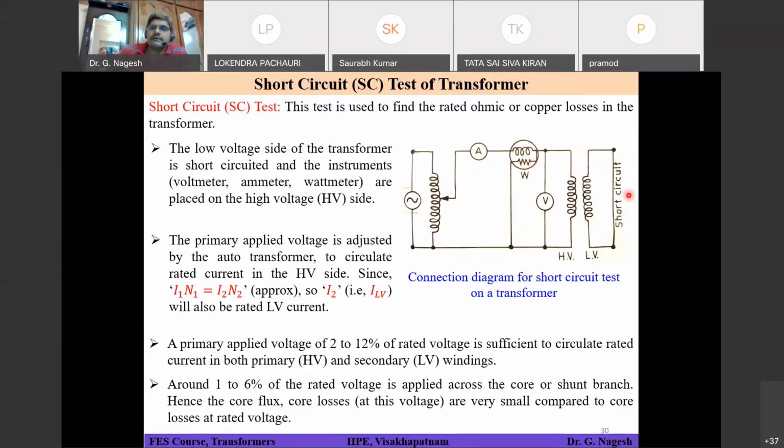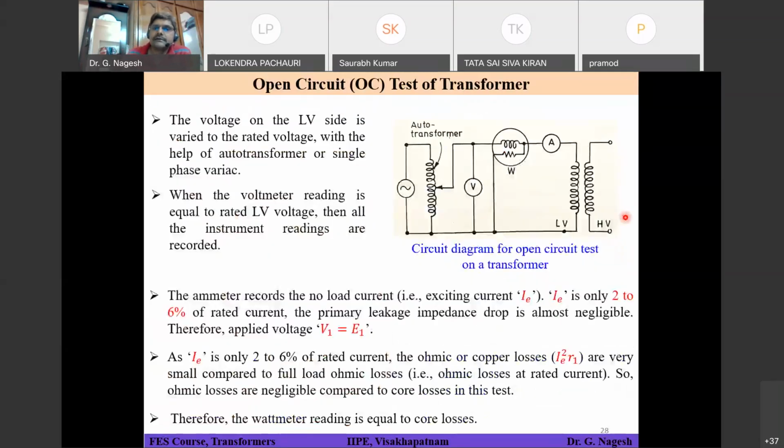So that is the reason why we conduct the short circuit test with instruments on the HV side and the open circuit test with instruments on the LV side. The same thing applies for the open circuit test also. Your objective is to apply rated voltage. If you connect all the instruments on the LV side, LV is 100 volts, so you can use a voltmeter of 100 volts.